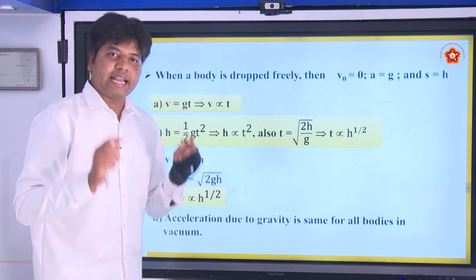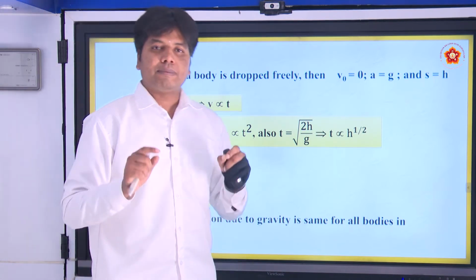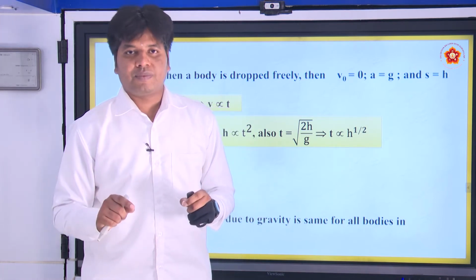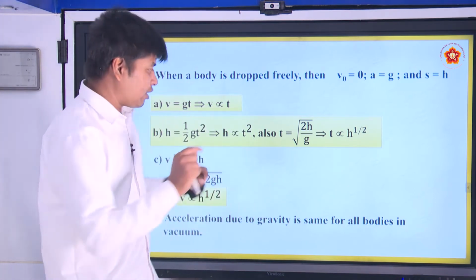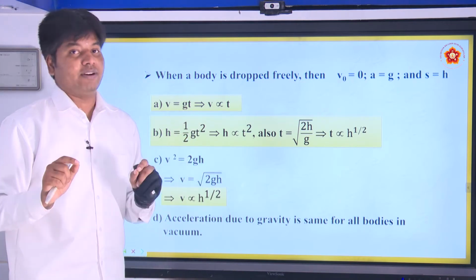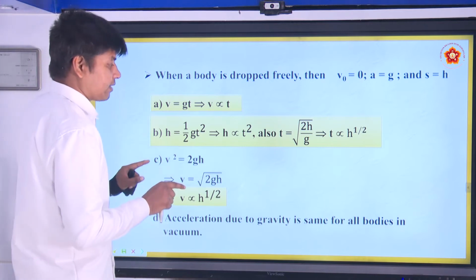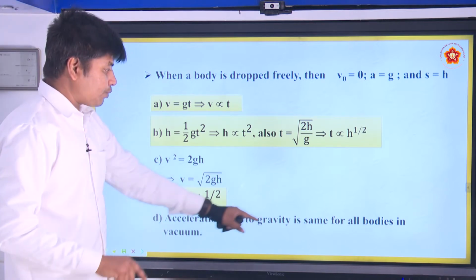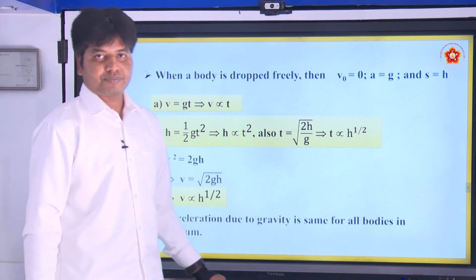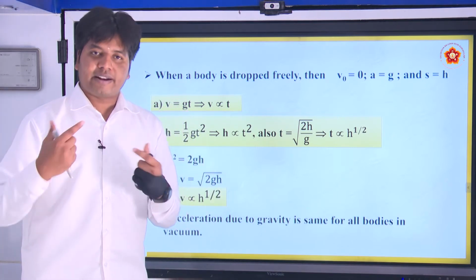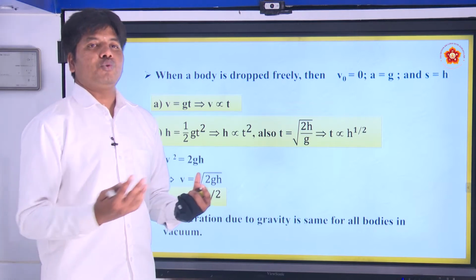That means gravity is independent of the mass of the bodies when it is in the vacuum. The only force acting on the body is the acceleration due to gravity, so there is no other force we are considering. That is why we call it a vacuum. There is no air drag, which means there is no wind, nothing.